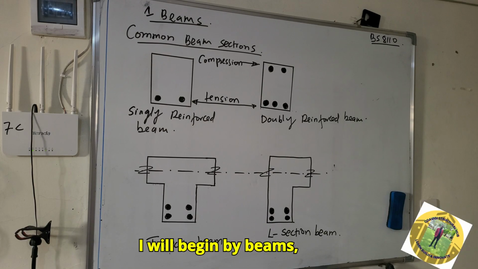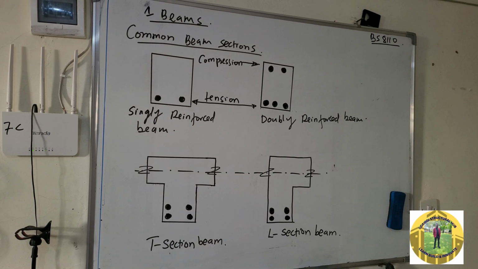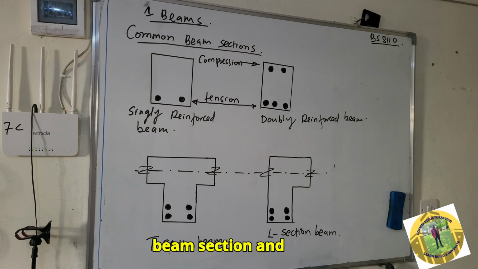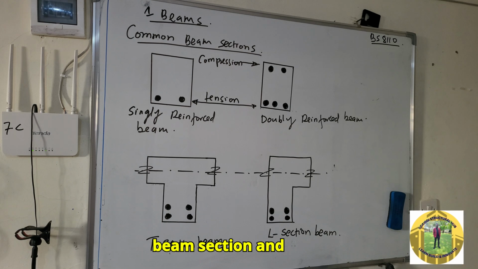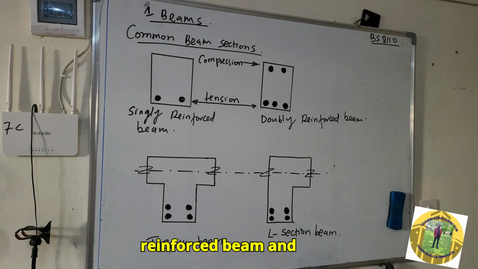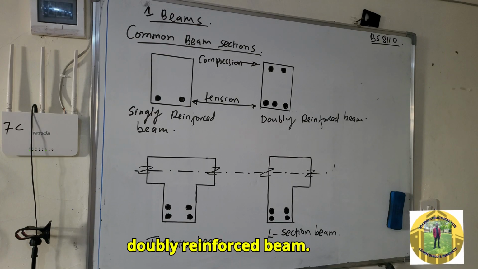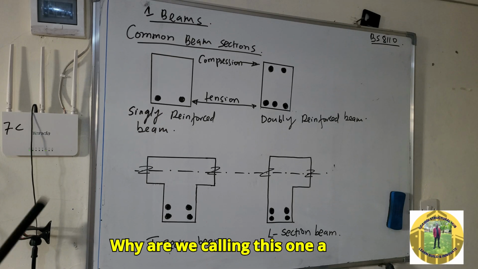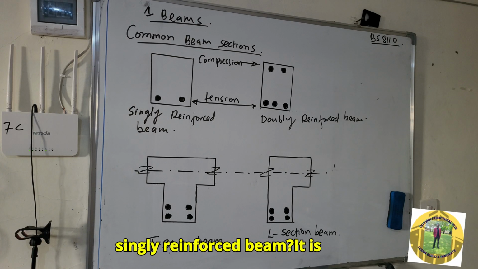So I will begin with beams. So we have different common beam sections, and number one, you have the singly reinforced beam and doubly reinforced beam. Why are we calling this one a singly reinforced beam?